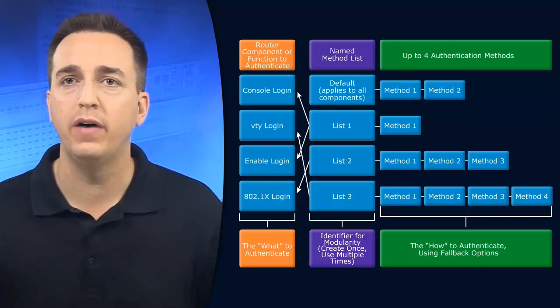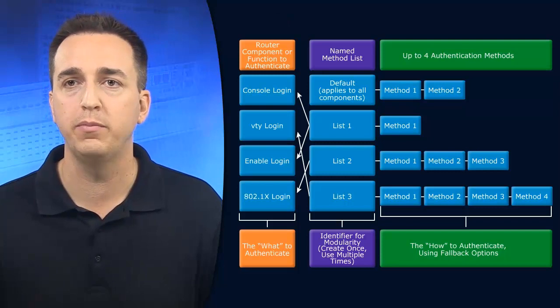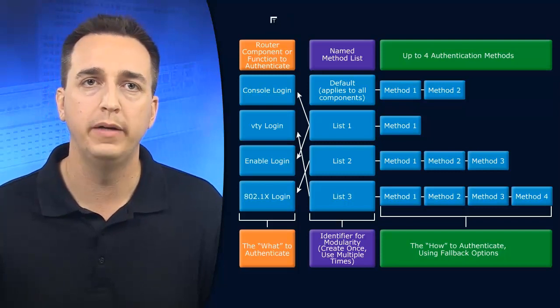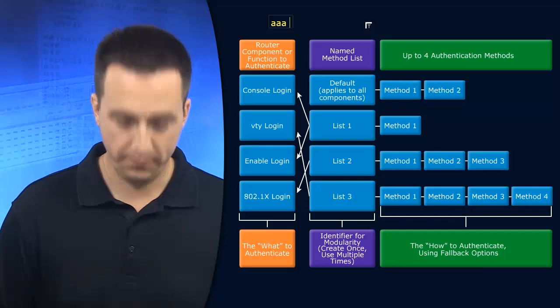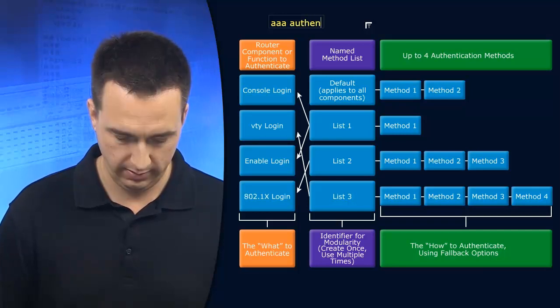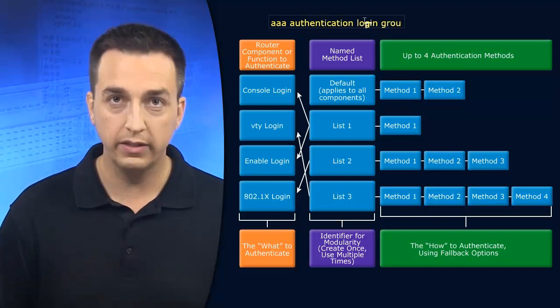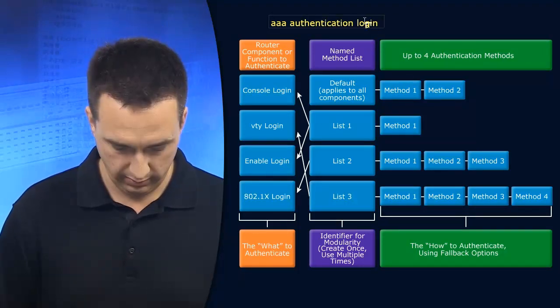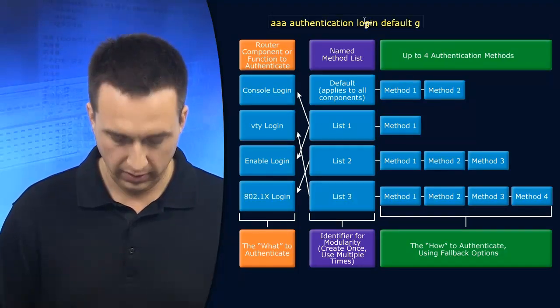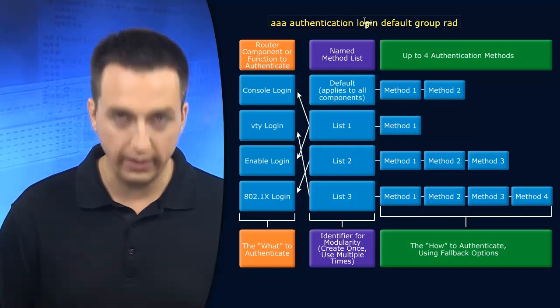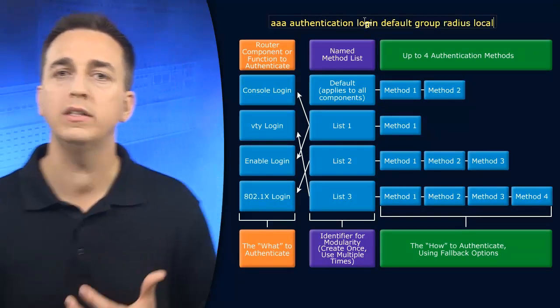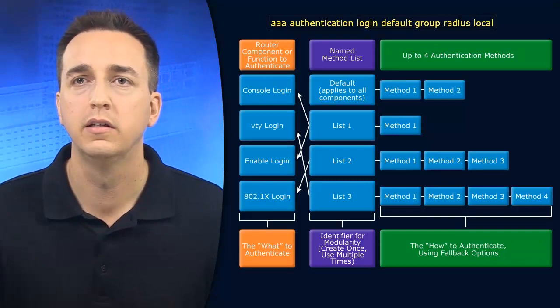So for example, if I have this particular command typed in, it's going to be AAA authentication login, and we're going to say login default group radius local. What does all this mean?